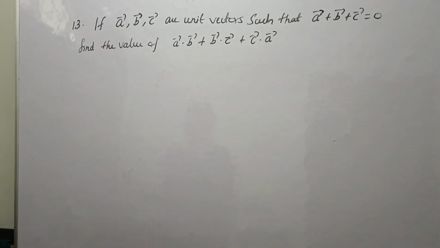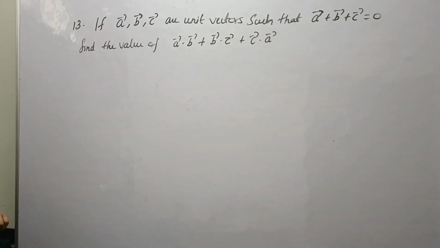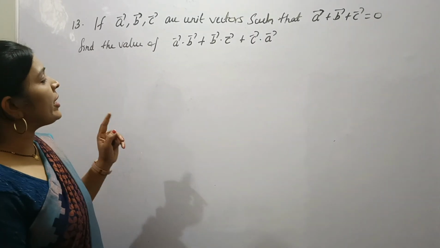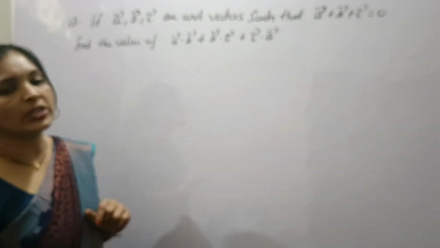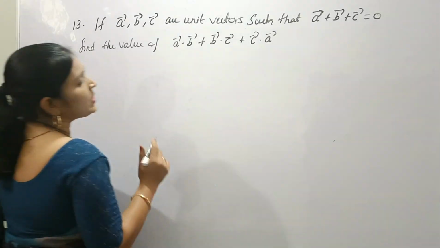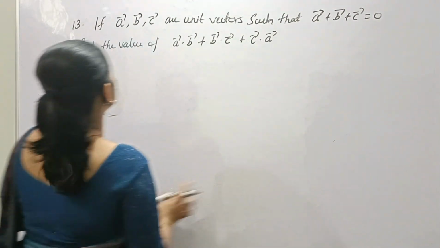If vector a, vector b, vector c are unit vectors such that vector a plus vector b plus vector c is equal to 0, find the value of vector a dot vector b plus vector b dot vector c plus vector c dot vector a. How to find the value? See here, it is given that vector a plus b plus c is equal to 0.